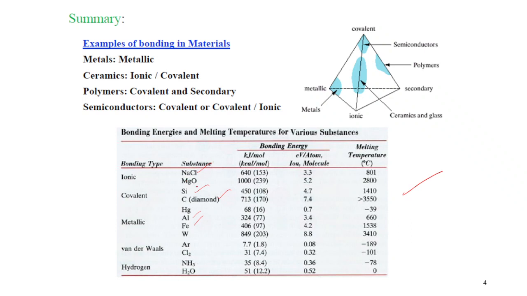In GATE, you may sometimes be asked questions from these materials, and it is better to keep the bonding energy in mind. Most of the time the data will be given, but worst case scenario, if they don't give it, we may have to remember. So if people want, they can take a screenshot of this.